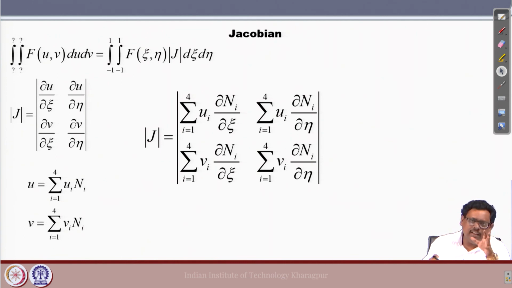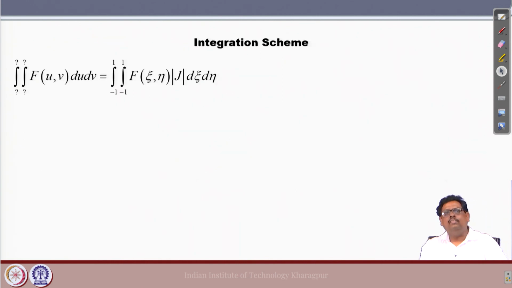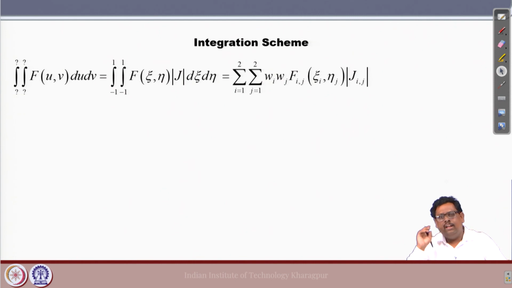At each point I get the value for the Jacobian, because at each point I know exactly what eta_i and xi_i to substitute. That Jacobian value we are going to apply for each Gauss point.